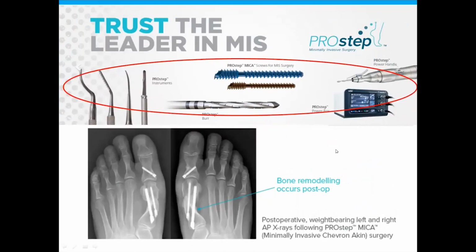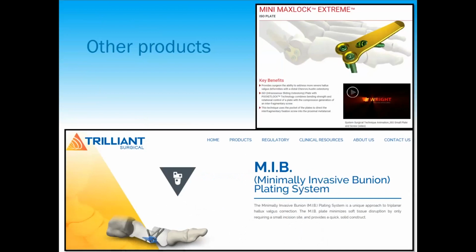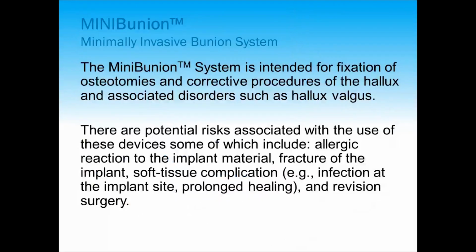There are other companies that have these procedures and so forth, but it's really screws and burrs and such, not really a systematic approach to how this can be done. Again, these are other implants that are available, but the MINIBunion system is intended for fixation of osteotomies and correction of hallux valgus procedures.